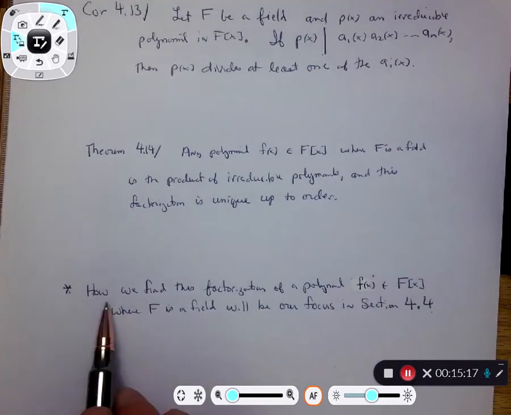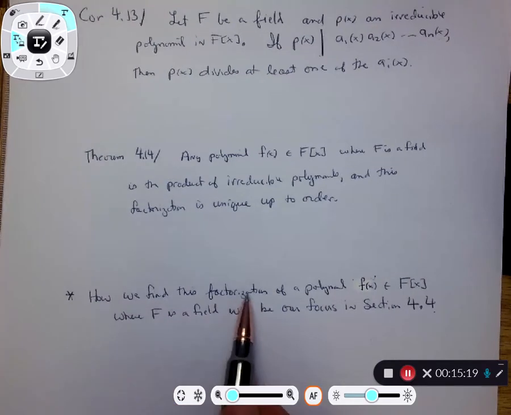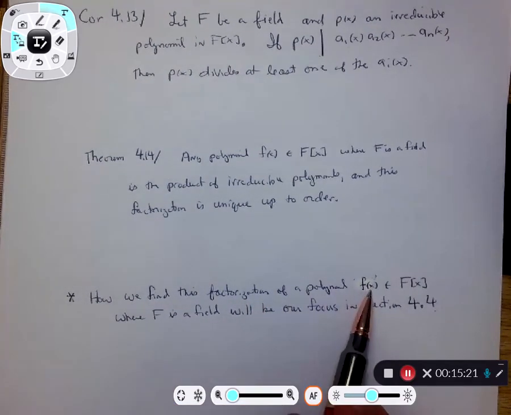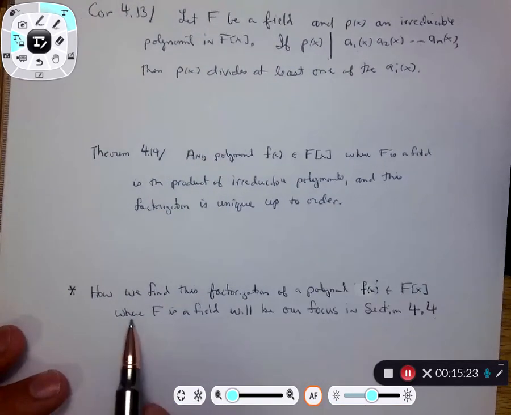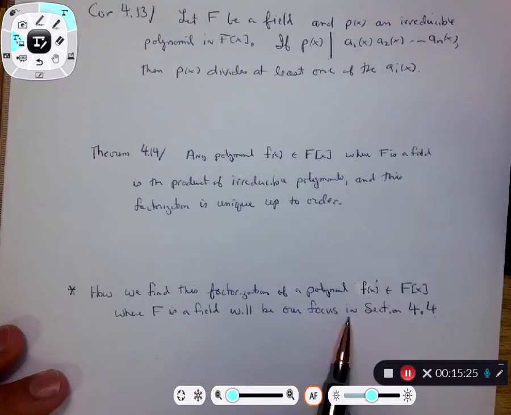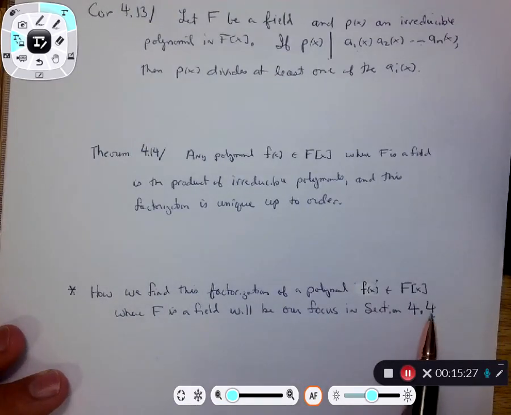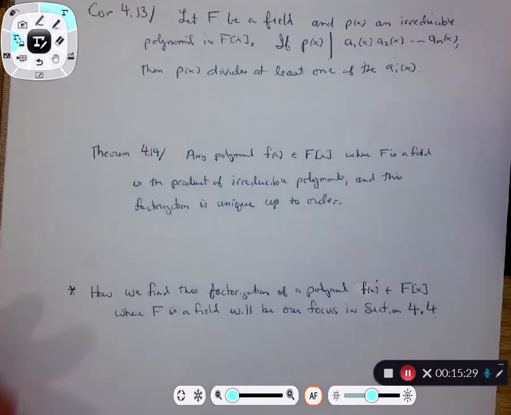How we find the factorization of a polynomial f of x in F adjoin x, where F is a field, will be our focus in section 4.4. So section 4.4 is actually going to be the meat of this stuff. Section 4.3 is all theory: the definition of an irreducible polynomial, a prime-like polynomial. Irreducible, you can't factor it.